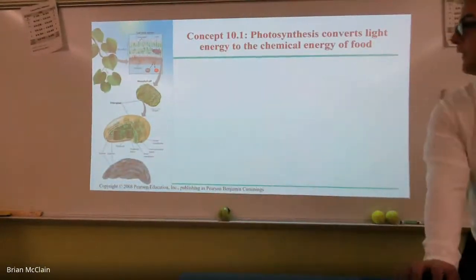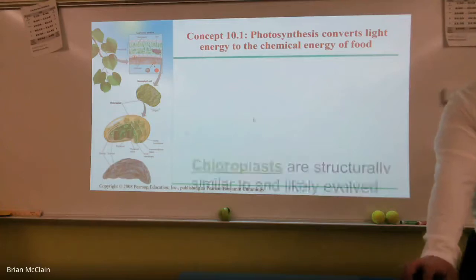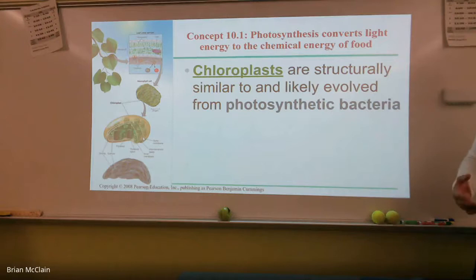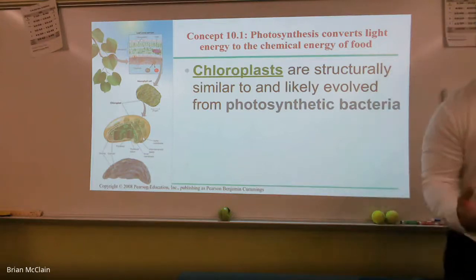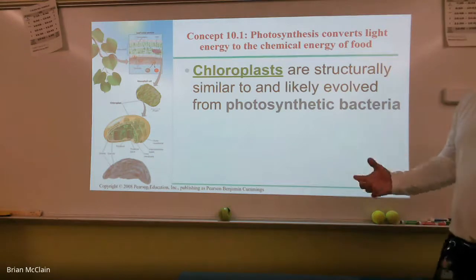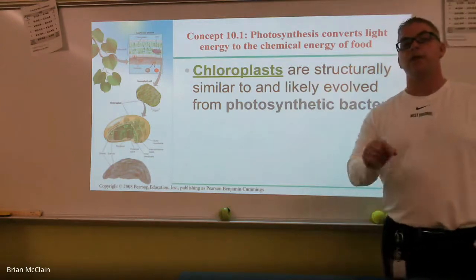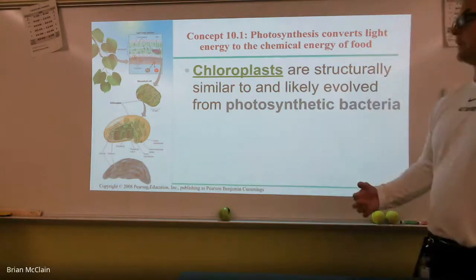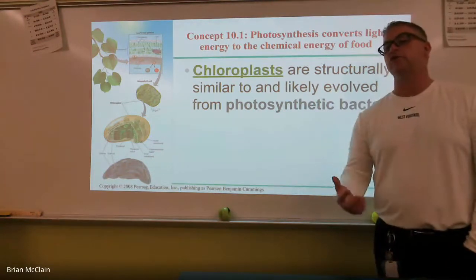A couple of things we want to look at as we introduce this idea. The structure that's the most important and distinguishing in terms of photosynthetic activity is the chloroplast. Once again, think about the endosymbiotic theory, which we addressed during the respiration chapter.